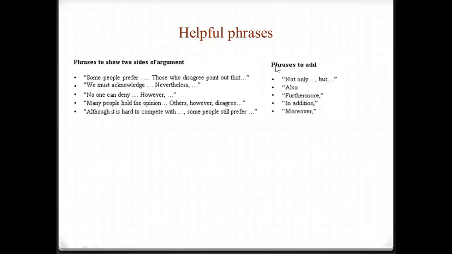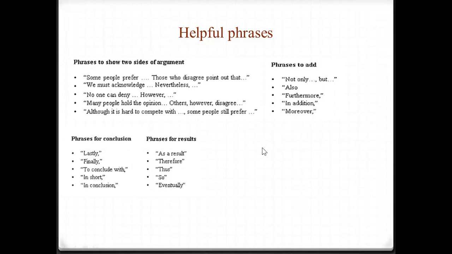So we need to add phrases such as not only, but also; we must acknowledge, nevertheless; no one can deny, however; many people hold the opinion, others, however, disagree; although it is hard to compete with, some people still prefer, with their corresponding as also, furthermore, in addition, moreover.